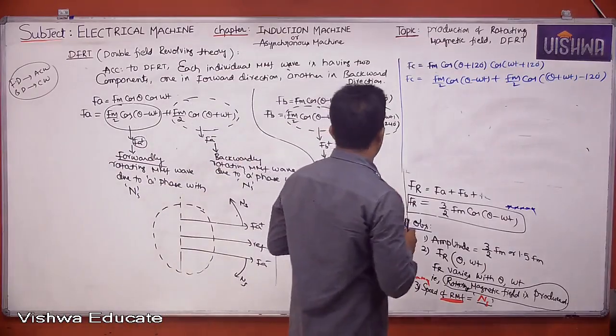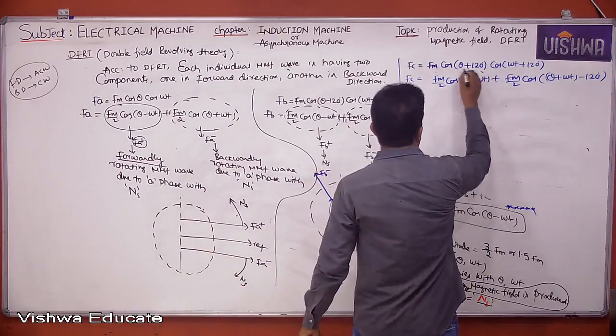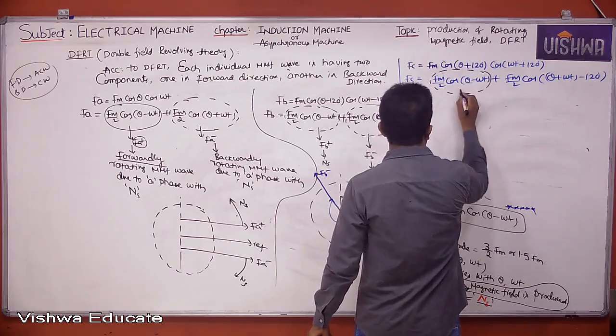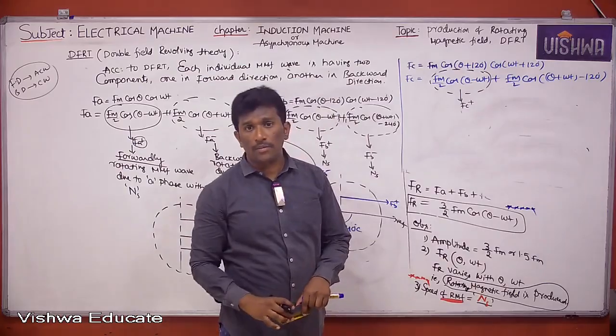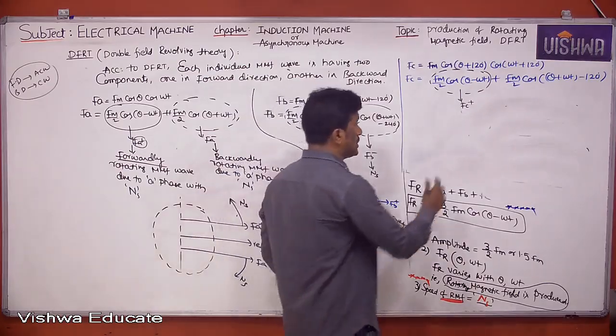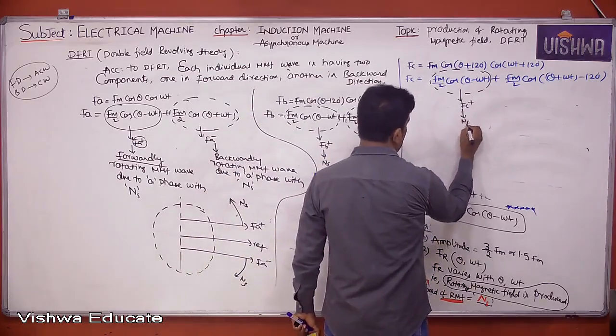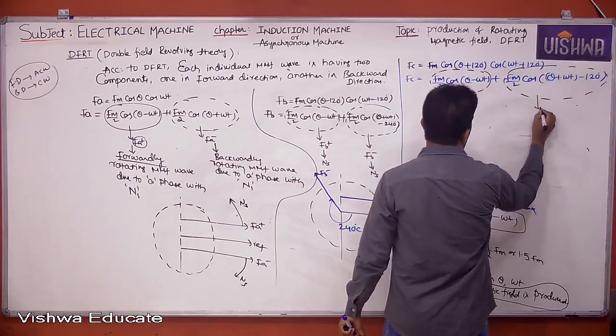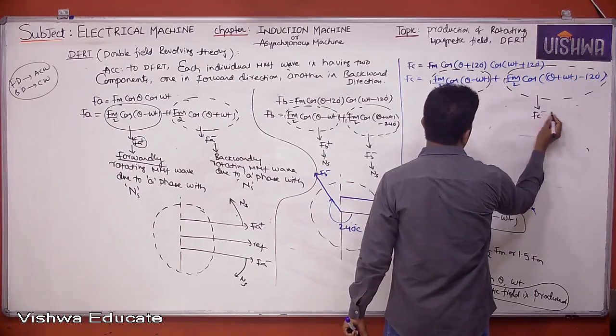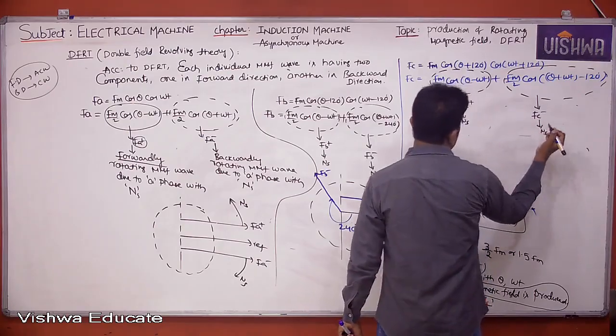Now, similarly as usual, this portion can be called FC plus, forwardly rotating MMF due to C phase with what speed? Ns. This is nothing but backwardly rotating MMF due to C phase with what speed? Once again, Ns.